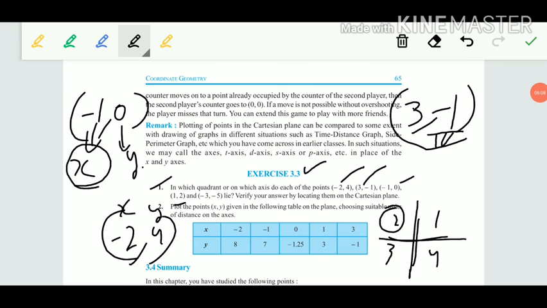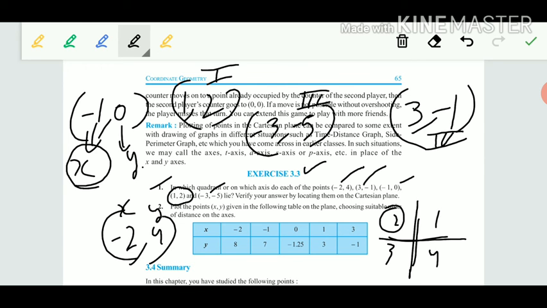Next point is (1, 2). Both x and y are positive, so it is lying in the first quadrant. Last point is (-3, -5). Both are negative, so it is in the third quadrant. So we have to write in which quadrant or on which axis it is lying.